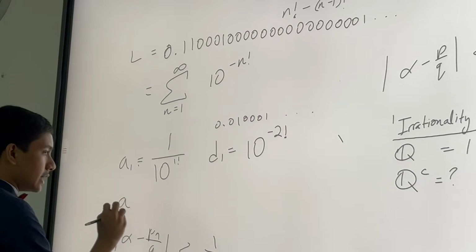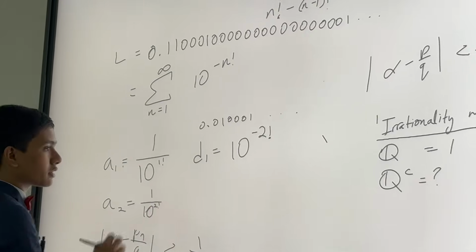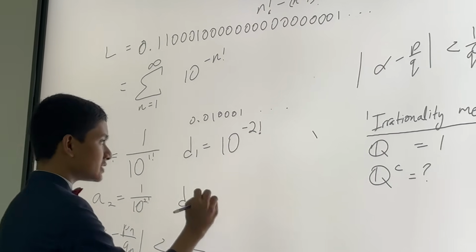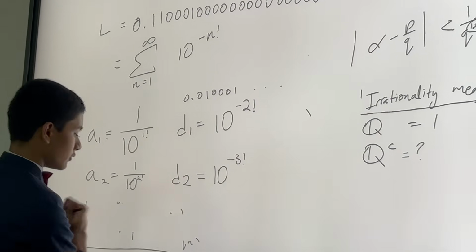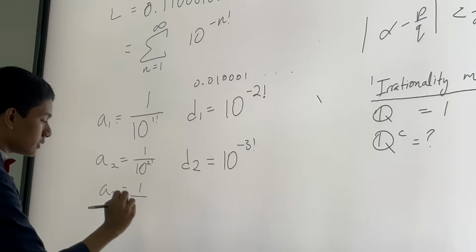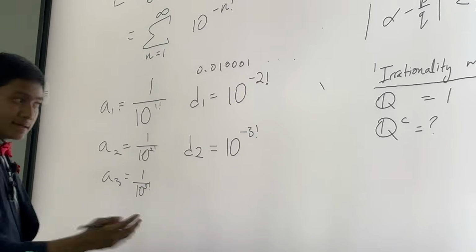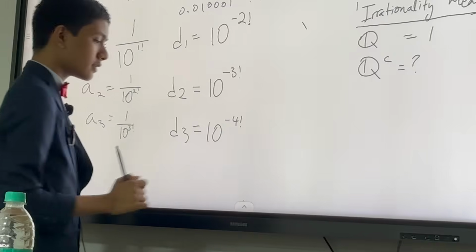Then A2 is going to be 1 over 10 to the 2 factorial. And D2, the discrepancy, is just going to be 10 to the minus 3 factorial. And of course, when you take 10 to the 3 factorial, the discrepancy is going to be 10 to the minus 4 factorial.